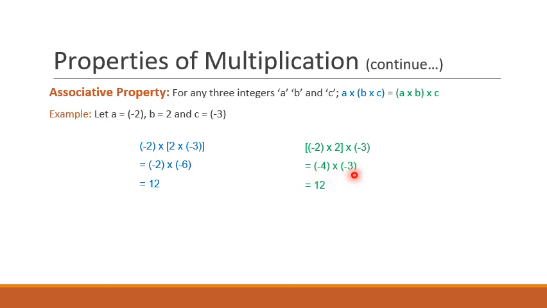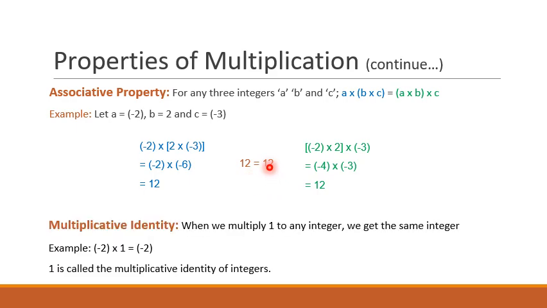Here both the integers are negative, so the answer will be positive. So it is positive 12. You can see here both the left hand side and RHS have the same answer, that is 12. So we can say that multiplication is associative. The grouping of integers doesn't change the answer of multiplication.